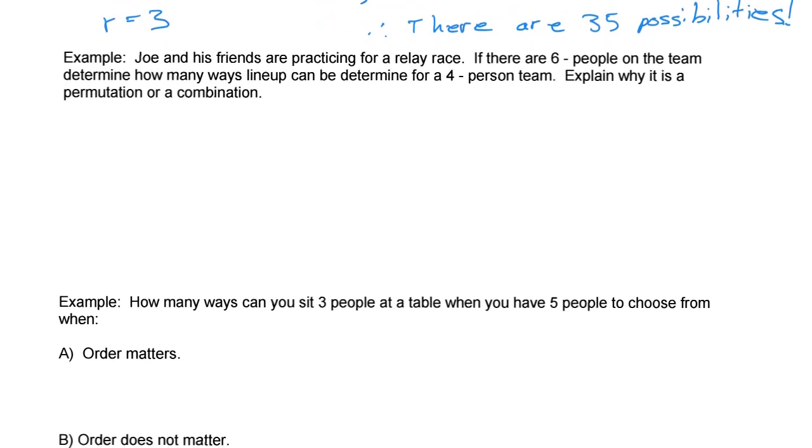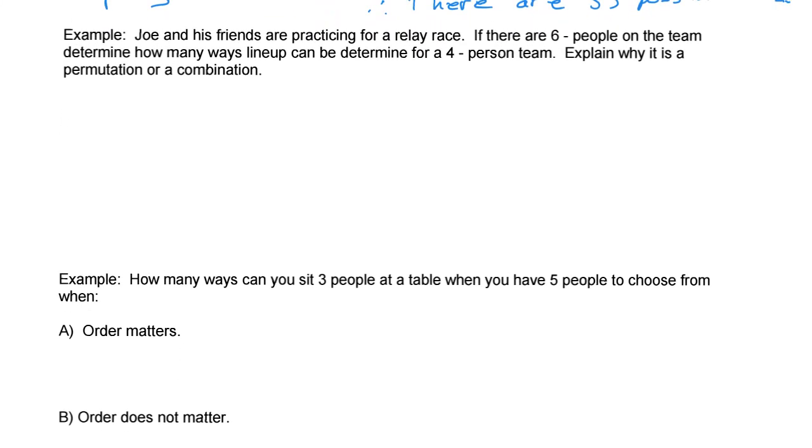This is about good old Joe. Joe and his friends are practicing for a relay race, okay? Now, if there are 6 people in the team, determine how many ways the lineup can be determined for 4 people, and explain why you think it's a permutation.